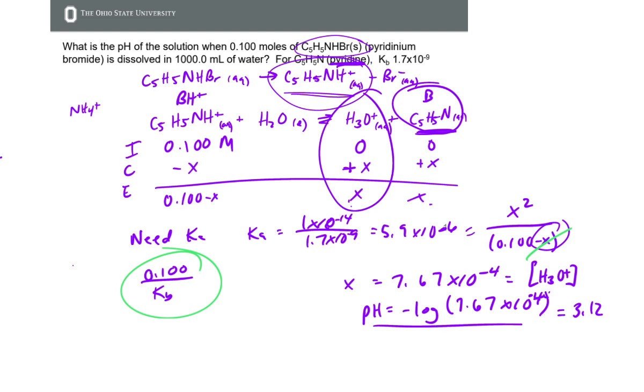We didn't end up using the Kb directly, we used the Ka. Because the pyridine and the pyridinium are conjugate acid-base pairs, when we have the Kb for pyridine, we can use the Ka in this case for pyridinium because it's on the reactant side.